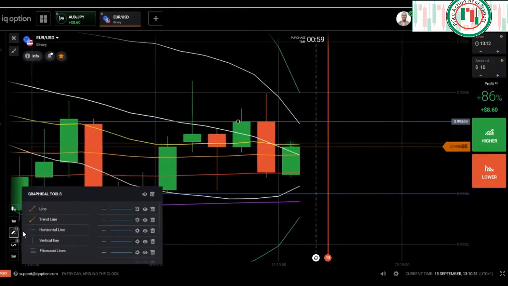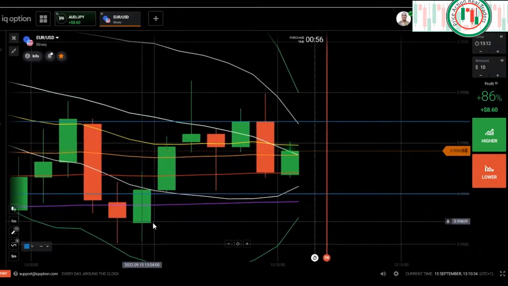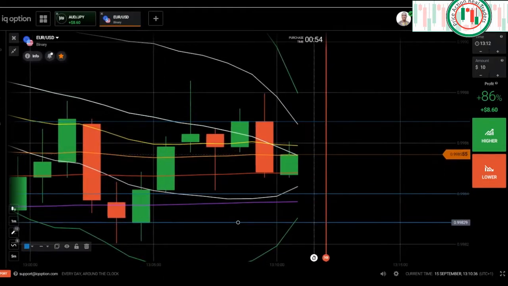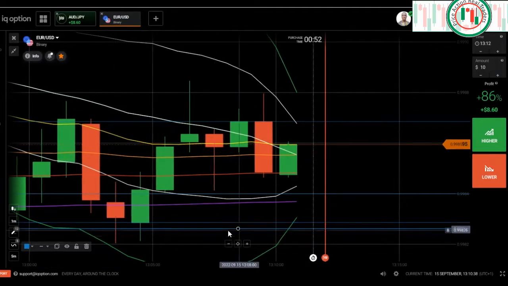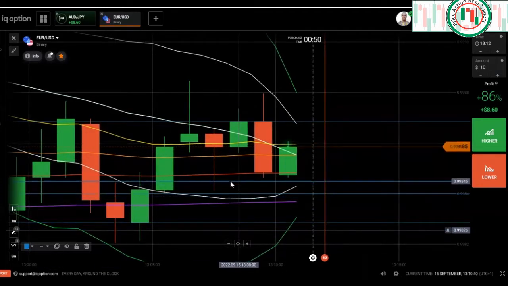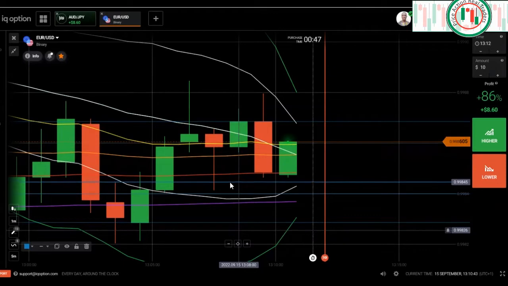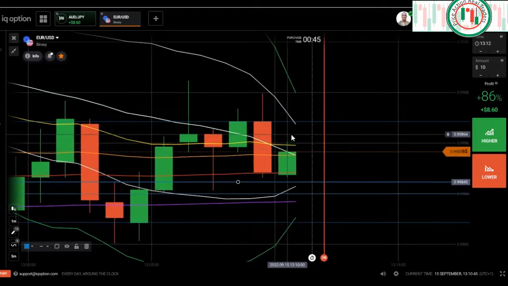And here as well, you see here, and here you see market close to this zone, then market is reversing.